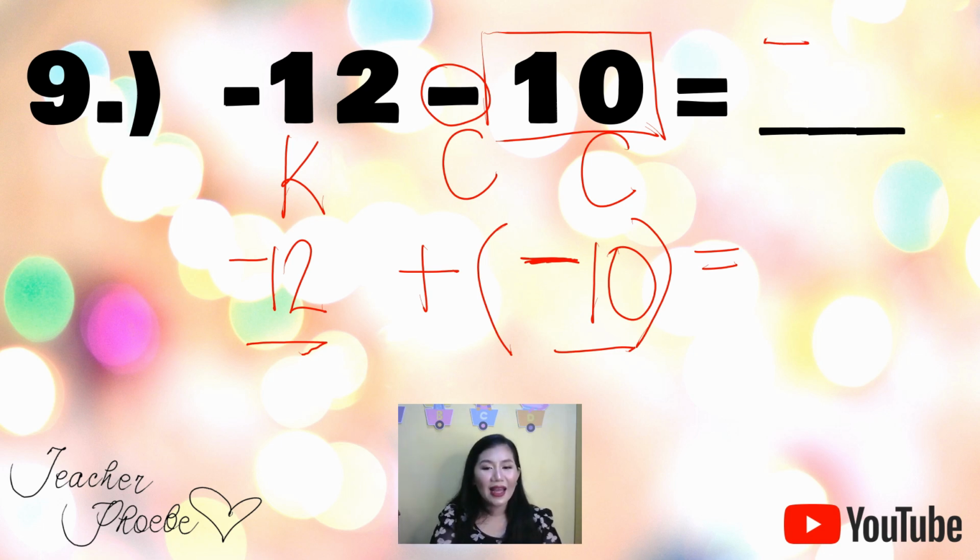Hindi tayo magbabawas, okay? Ang gagawin natin ay pagsamahin lang natin si 12 at saka si 10. 12 plus 10 is equal to what? 22. So, our final answer is negative 22.